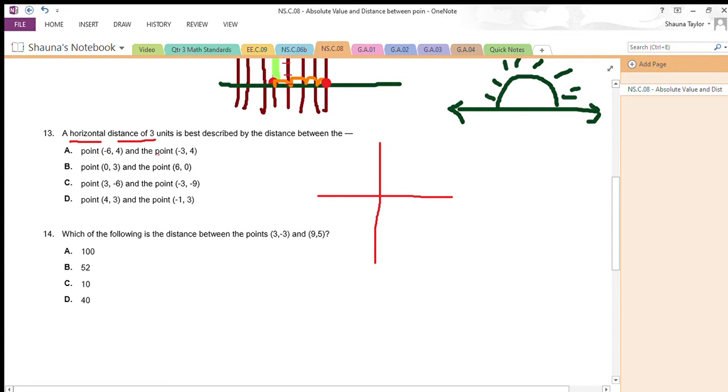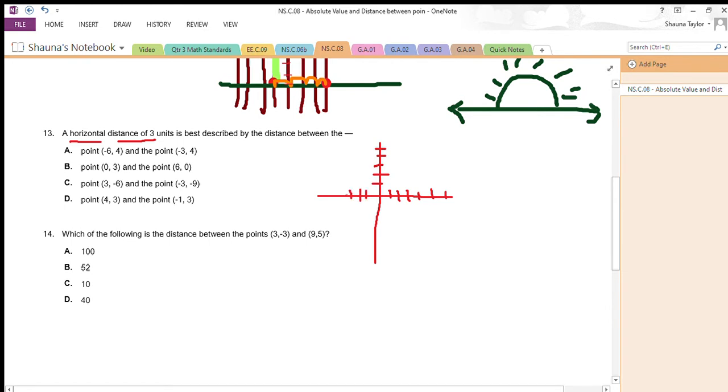And let me find these 2 points. So if I went 1, 2, 3, 4, 5, 6. 1, 2, 3, 4, 5. So let's find this. So -6 and 4. Oh, I need to go backwards. So let me go back and get that red again.